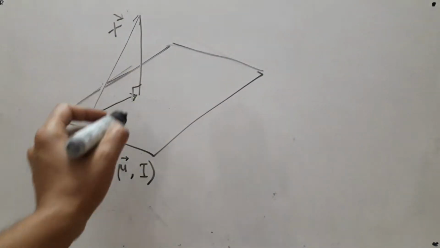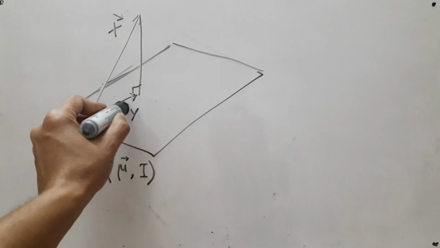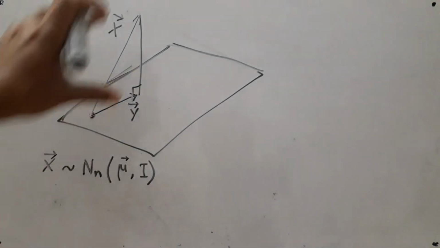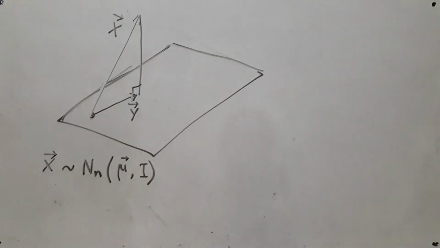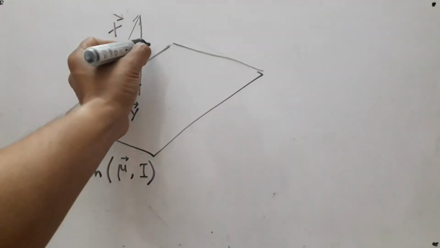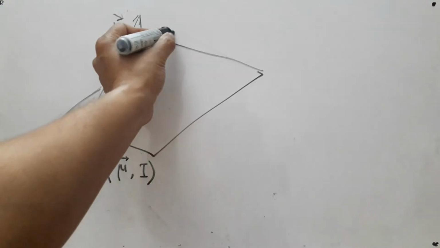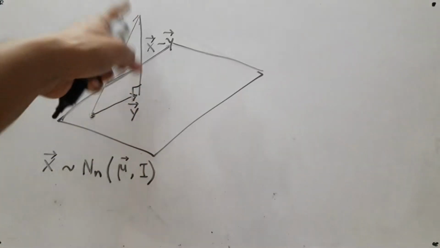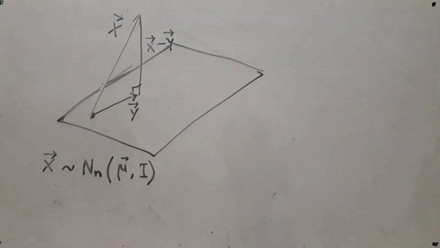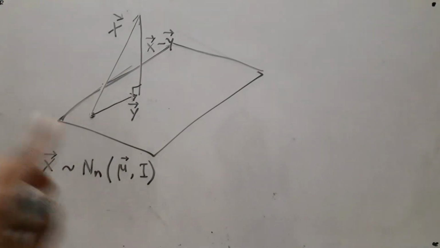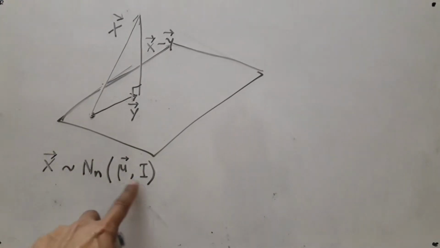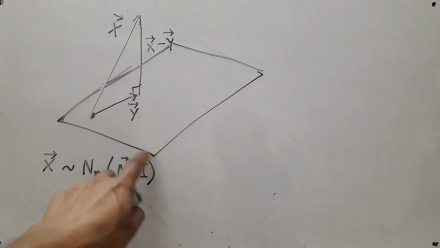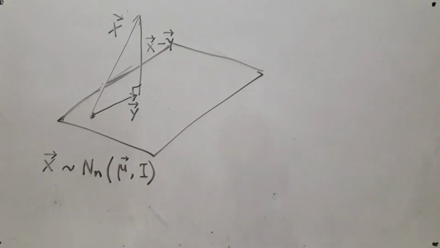So I get this projection, which I will call Y. Then I will consider this part, which is sometimes called the rejection, which is given by X minus Y. Your job is to show that these two random vectors are actually independent. So whenever you have got things that are orthogonal, they also give rise to independent random vectors when you are working with multivariate normal with something like I in the covariance matrix.